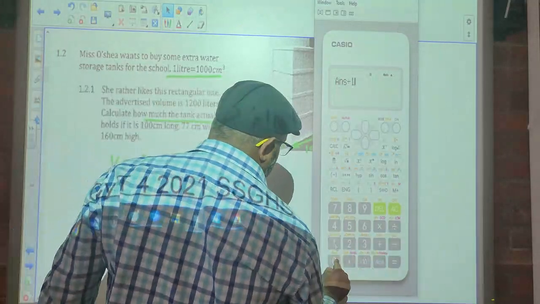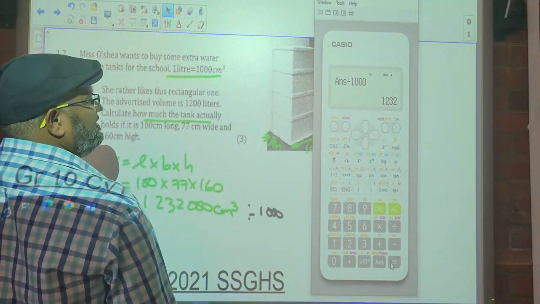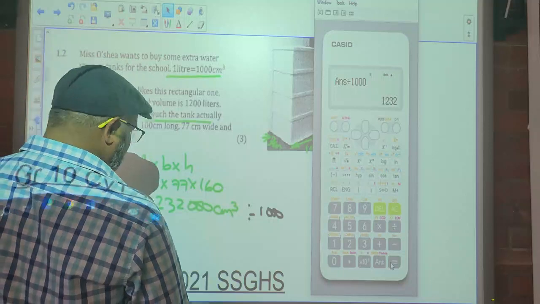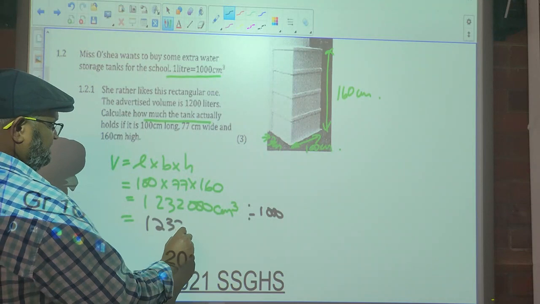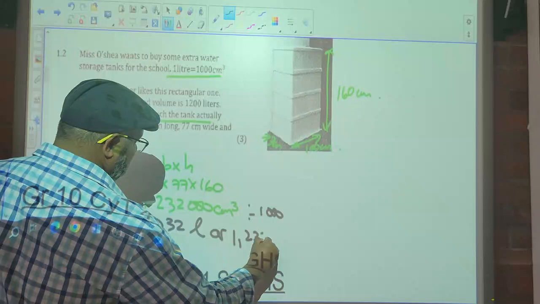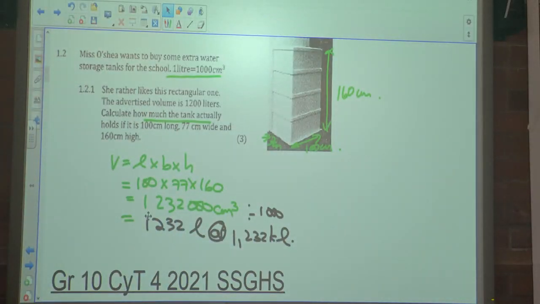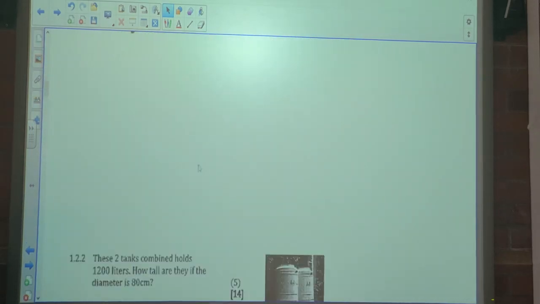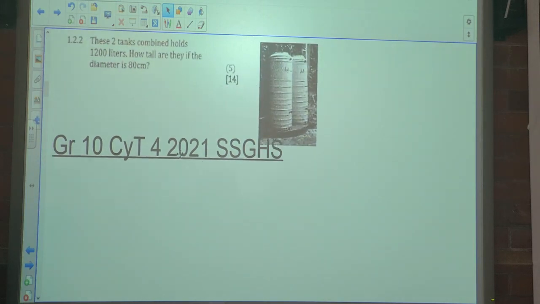It holds 1,232 liters, or 1.232 kiloliters, because there are 1,000 liters in a kiloliter. Okay, is that correct? Sorry? Yeah, 1,000 liters in a kiloliter. Did I say the other way around? Yes. Sorry about that.